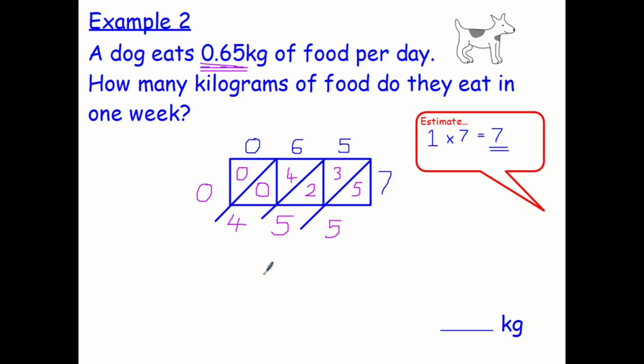So the digits of my answer are 4, 5, 5. And what's the closest number there? I can get to 7, which is about right for my answer. I reckon 4.55. So 4.55 kilograms of food is eaten by the dog in 1 week.